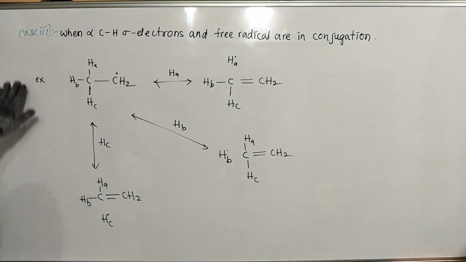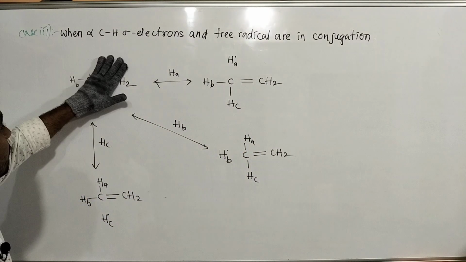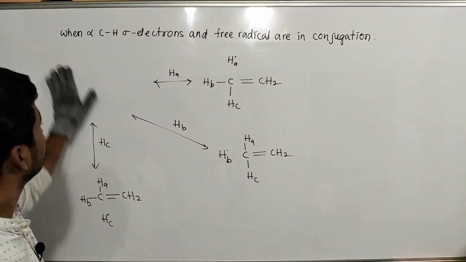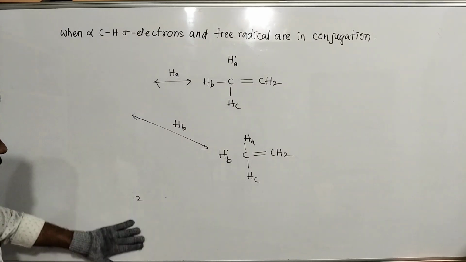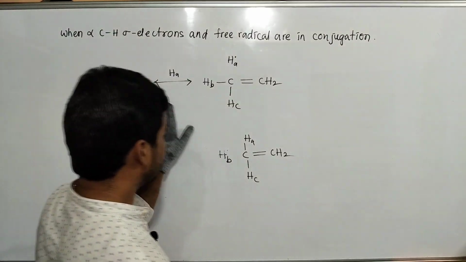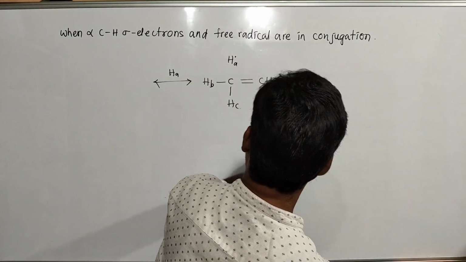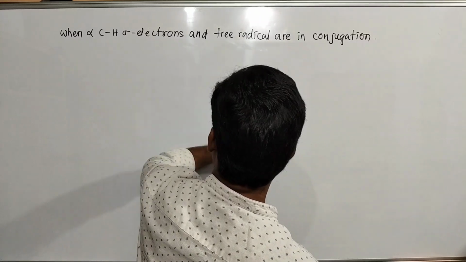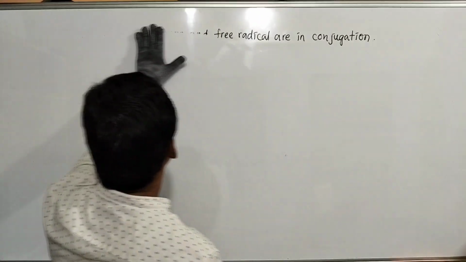Next, in case alpha carbon CH sigma electron and a negative charge are in conjugative combination, then hyperconjugation possible or not?